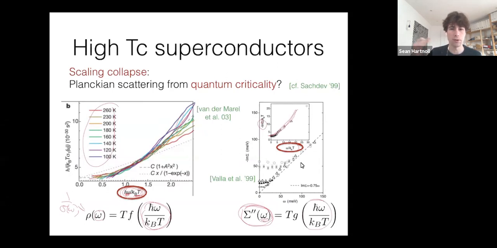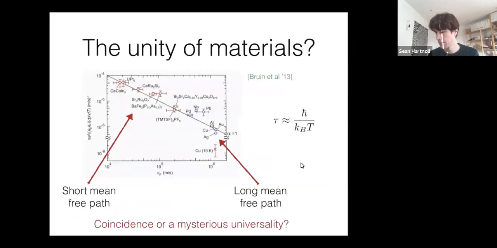The point of saying this is that the T linearity here seems in these cases to be tied up with some kind of scale invariance, which would not be the case in the phonon problem. So I'm trying to tell you two ways in which it looks different. One is that the mean free paths are much shorter, and second is that there's some evidence, perhaps, for something quantum critical.